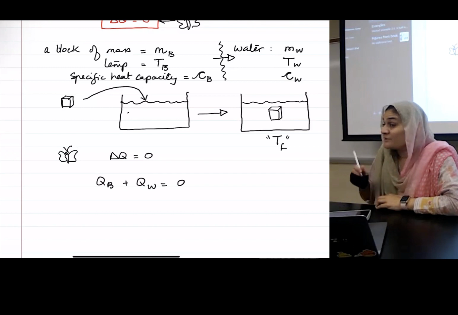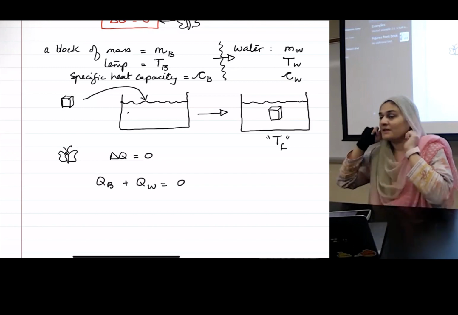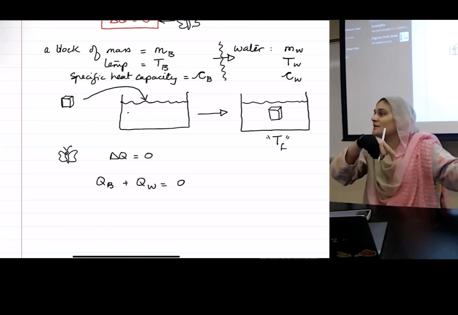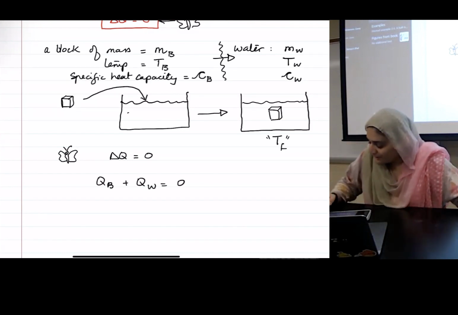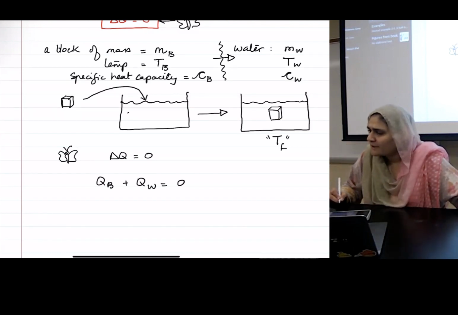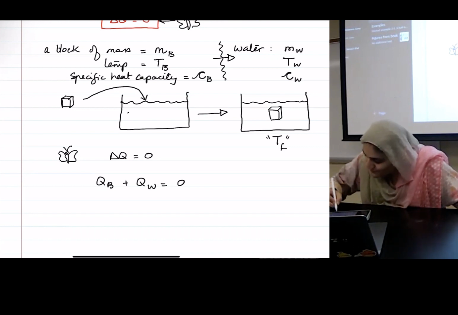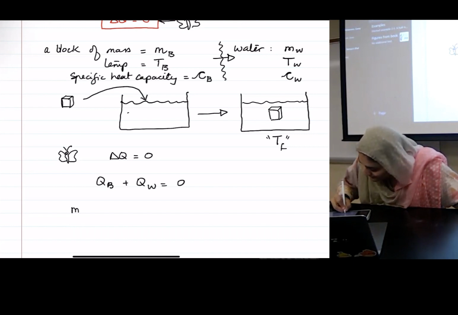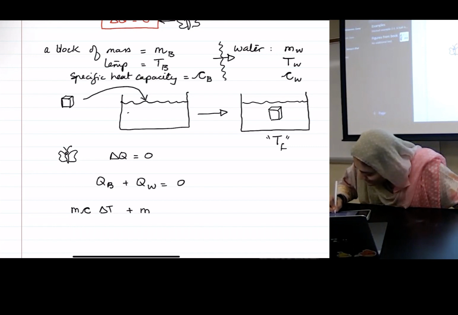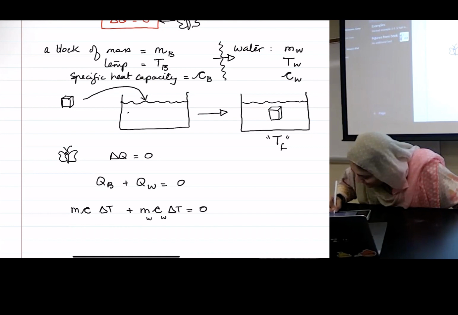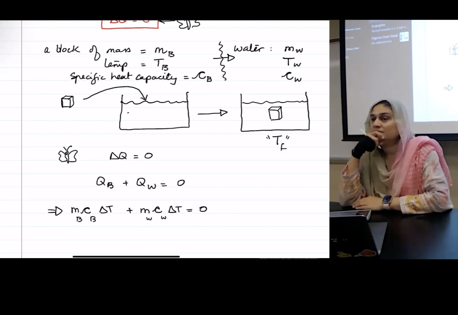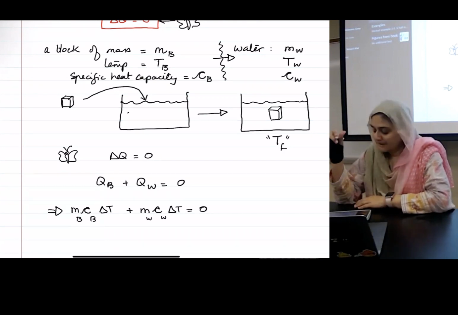What do we know about Q of something from last Tuesday, this Tuesday? Q equals MC delta T. So M c delta T for the block plus M c delta T for the water.